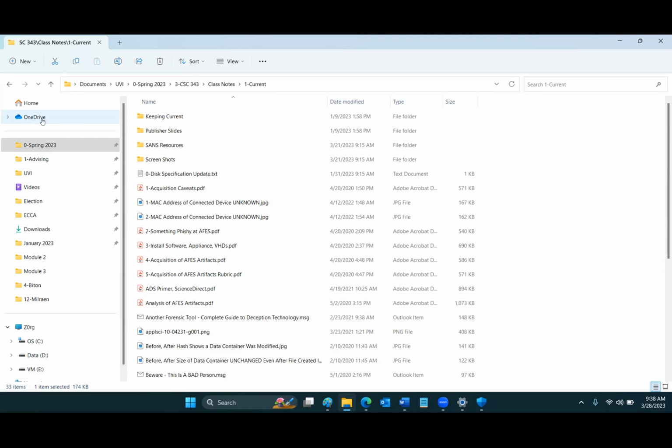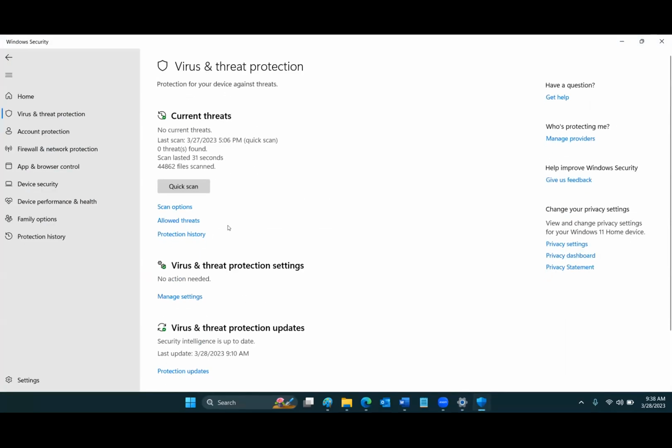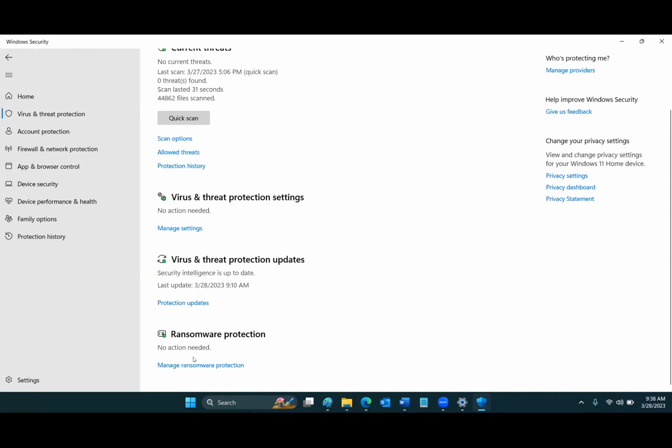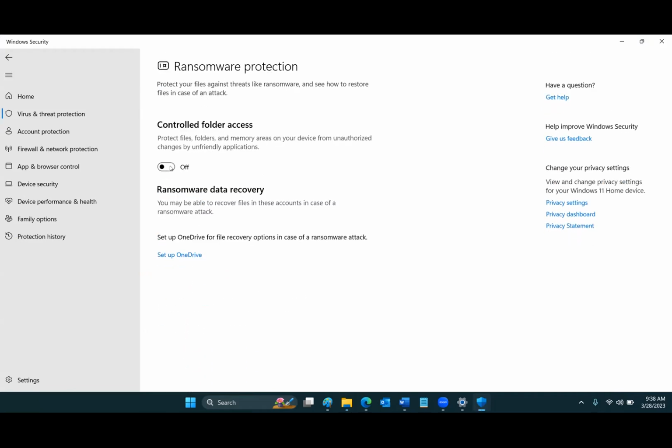And that has happened. But what's interesting here is that you have this option in the virus and threat protection. And if you click into this, you can set up controlled folder access. Now, the interesting piece of this is in our system security class, in the very next module, we're going to instruct our students to make use of a best practice known as role-based access control.